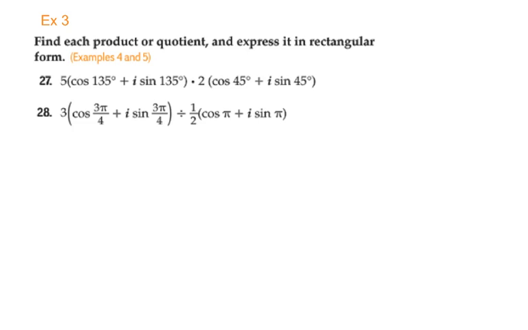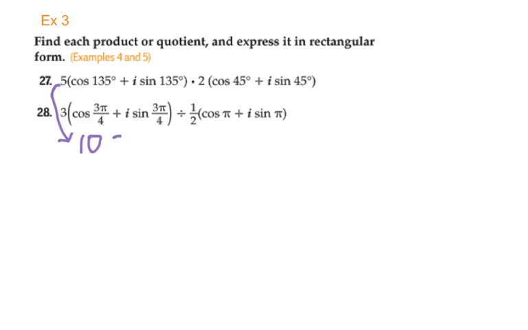For example 3, find each product or quotient expressed in rectangular form. For number 27, we multiply r together, so that will be 10.